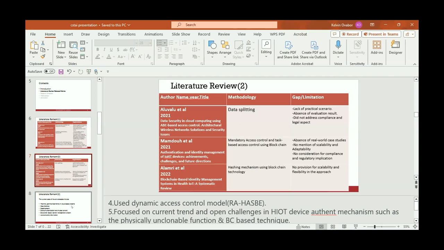The last but not the least author here focused on using a hashing mechanism using blockchain technology. There was no provision for scalability and flexibility in his system.